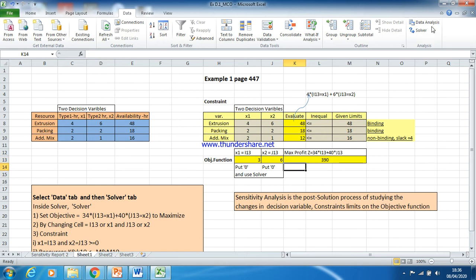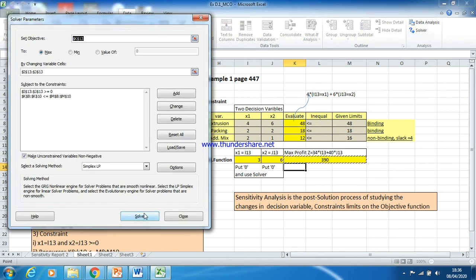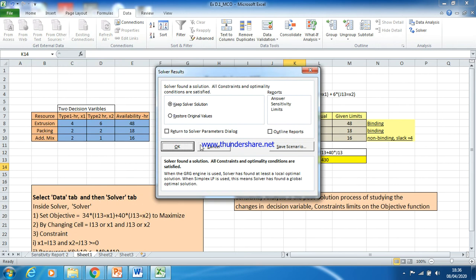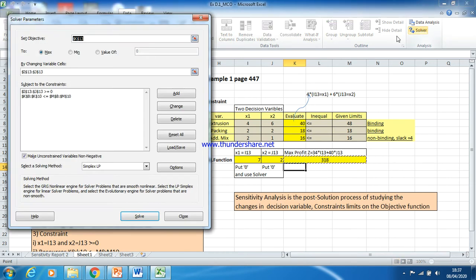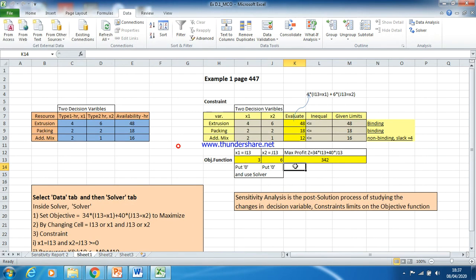So let's run the solver, and then you will see this. You can see that the objective function has changed, and your x1 and x2 have changed. Okay, so we go back and put this value back where it was before, 34 originally, right? Then I can solve this again to get our optimal solution as before. So we have the same value.